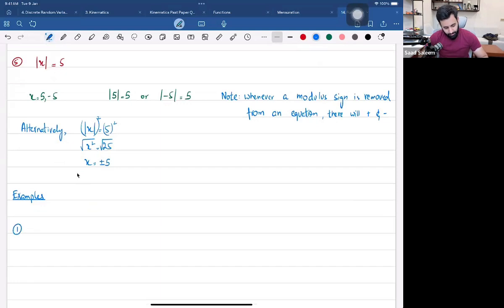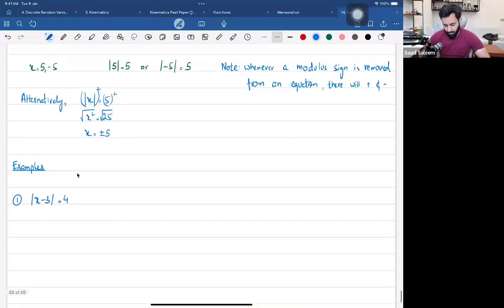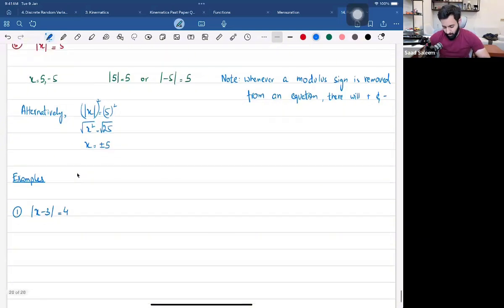So example number 1. Let's say we have |x - 3| = 4. Now, when you remove the modulus sign, a lot of people have this confusion about where the plus minus sign goes. You can put it with the constant. You can put the plus minus sign with the expression that's inside the modulus as well.